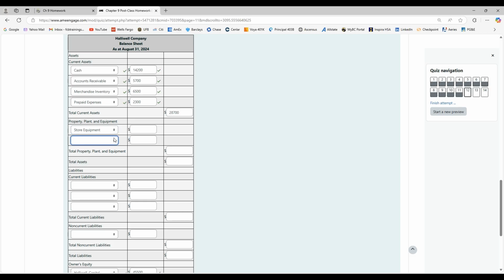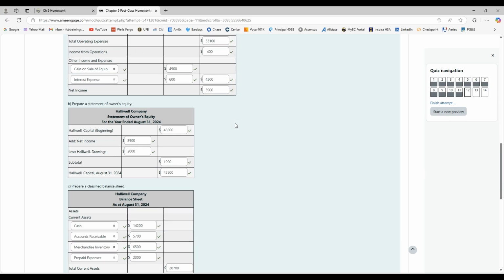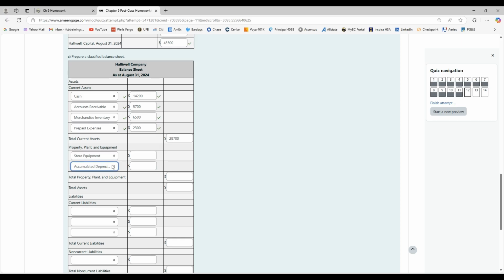There we go, store equipment and depreciation. No, we need accumulated depreciation. So what I was mentioning there is this depreciation expense account just says equipment, but when you look at the accumulated depreciation account, it says the actual related asset account, store equipment. So that would kind of tell you a little more. It's not office equipment. It's related to the actual retail store.